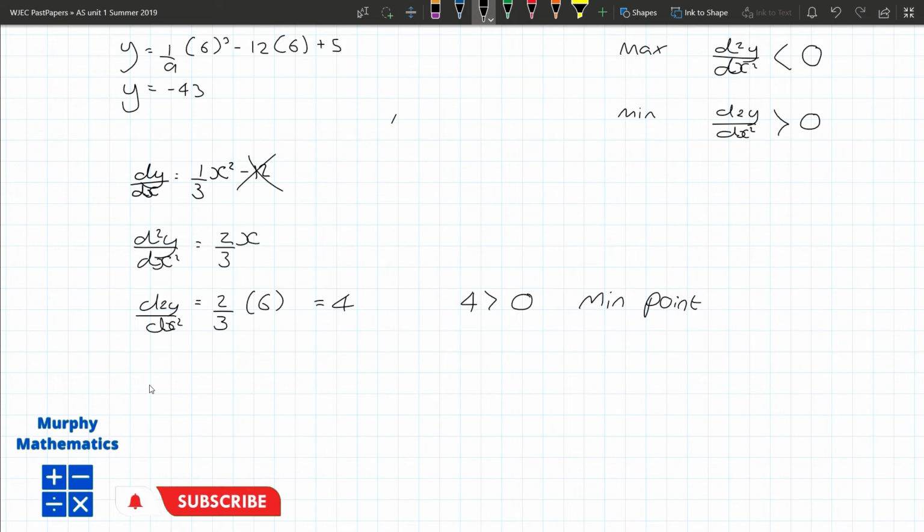And then just doing it again for d2y dx squared, evaluating for minus 6, we're going to have 2/3 times minus 6. And this time we're just going to have minus 4. And we know minus 4 is less than 0, so that's going to be our maximum point.